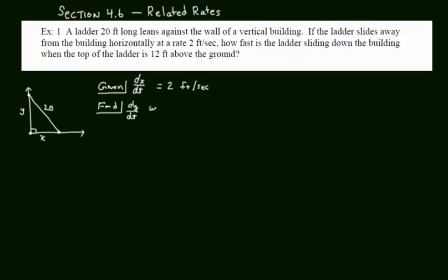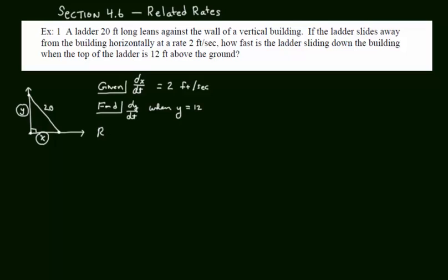And we want to find that when, it says when y equals 12 feet. Notice my diagram, I did not label my diagram 12. That 12 is at a moment in time, but it will change, and I know I've said that 1,000 times, but because it changes, we're going to label it with variable names.